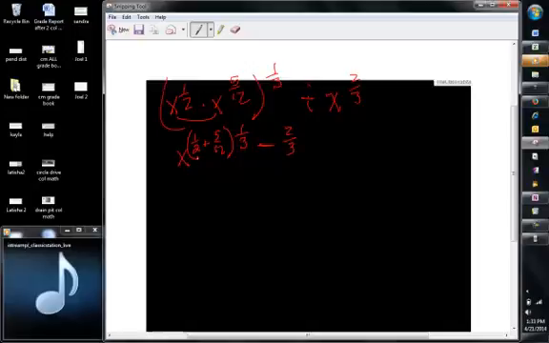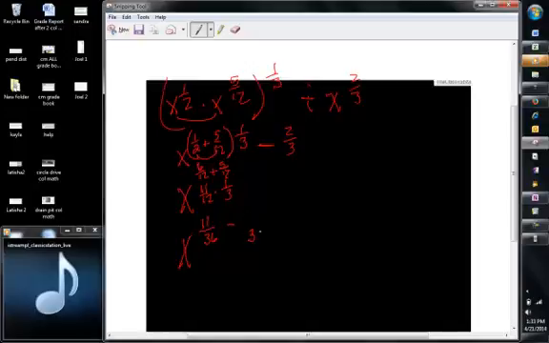Okay, let's keep working inside the parentheses. 1/2 is 6/12. 6/12 plus 5/12 is 11/12 times 1/3 is 11/36 minus 2/3.